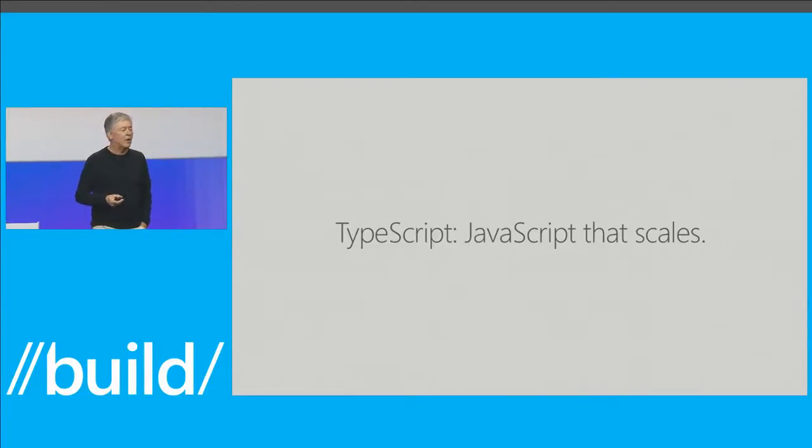And that's very, very hard to do in a dynamic programming language that lacks all of the concepts that we are accustomed to for large-scale application development. In particular, up until recently, JavaScript didn't even have classes or modules. But in particular, JavaScript does not have a static type system.